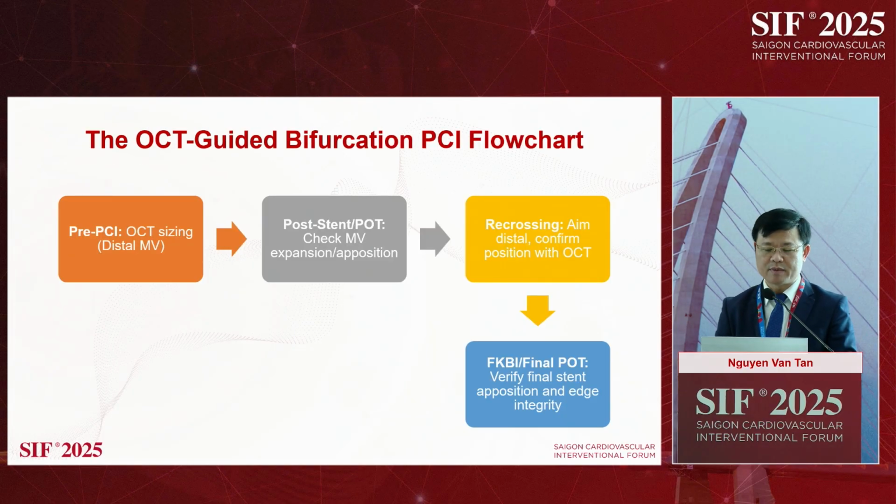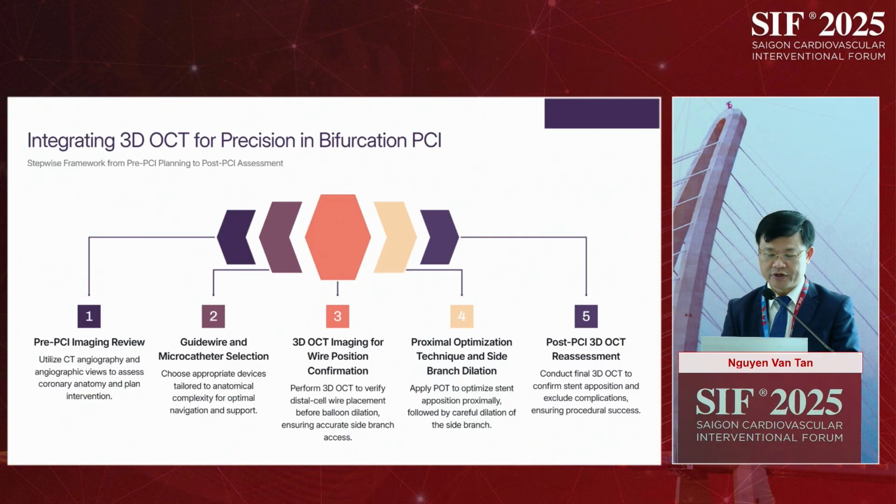So now the OCT-guided bifurcation PCI flow chart: OCT scanning of the main branch pre-stenting, stent, POT, OCT of the main branch stent apposition and re-crossing, confirm the position with OCT, final kissing balloon, final POT, and very final stent apposition and integrity.